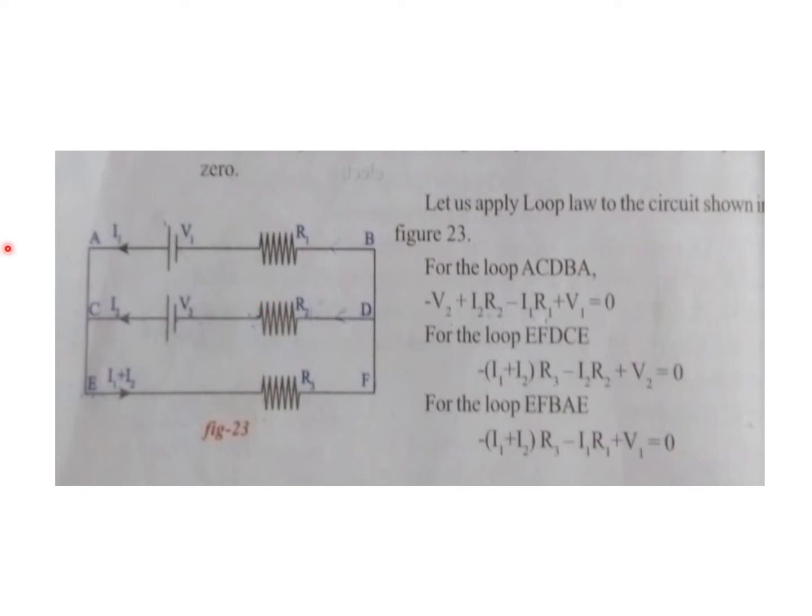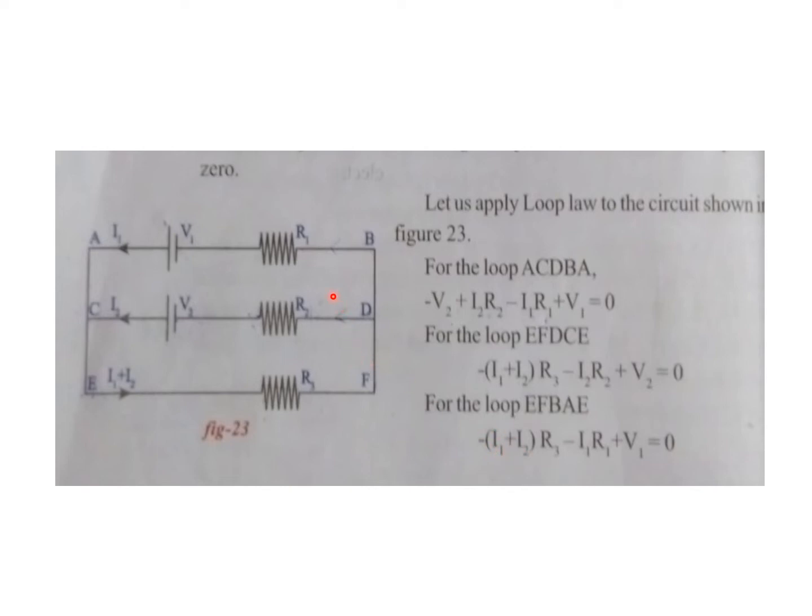Now when you consider the whole network, the loop EFBAE, the current starting from E is I1 plus I2 towards R3. As the resistance opposes the flow of current, the voltage drops here, so it is negative: minus of I1 plus I2 into R3.